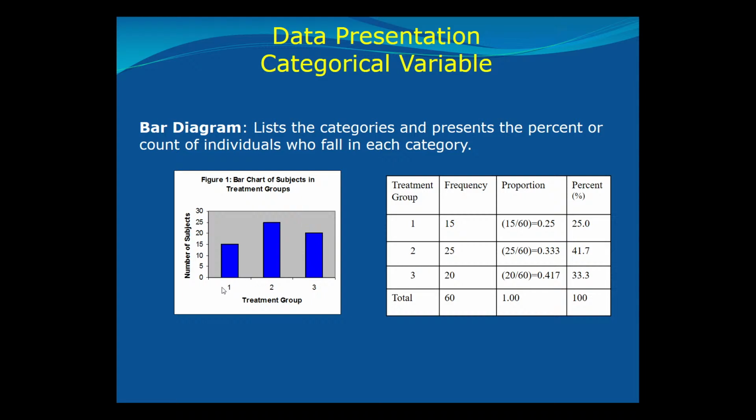And you need to type axis names. It is necessary. Treatment groups and number of subjects. The same information can be represented as a graph or as a table with columns.